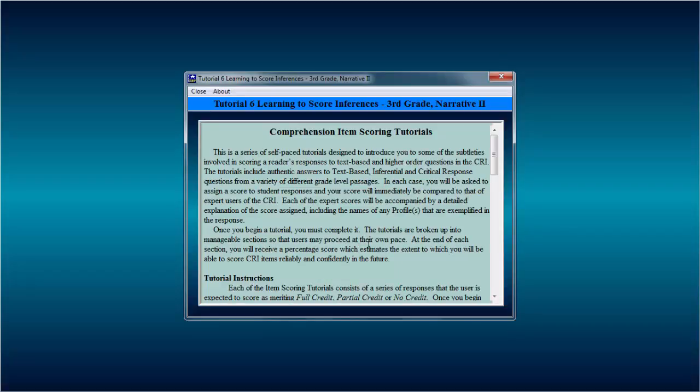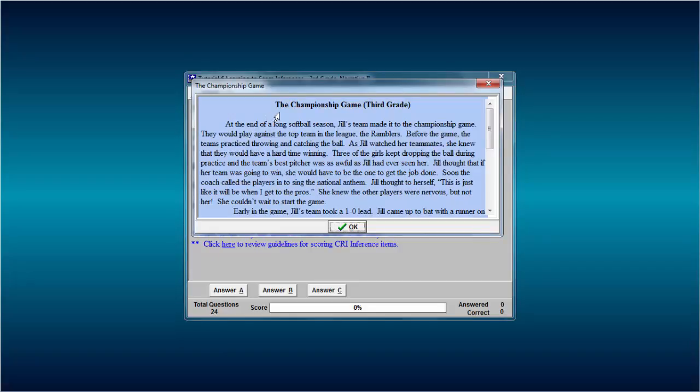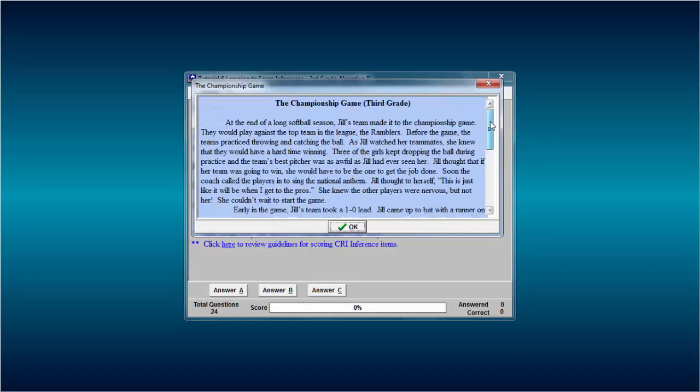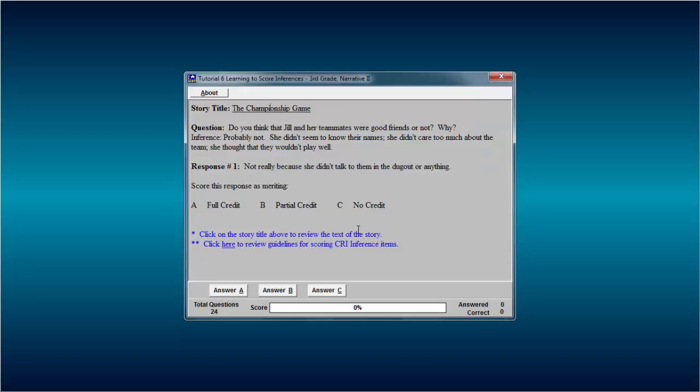Here you're going to have the directions, and for now we're going to simply close it. Say, for instance, you need a brief reminder of the story. When you click here, the story actually appears. You've already read that story, so I'm just going to close it.